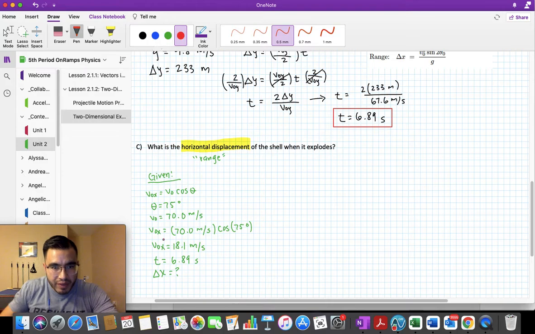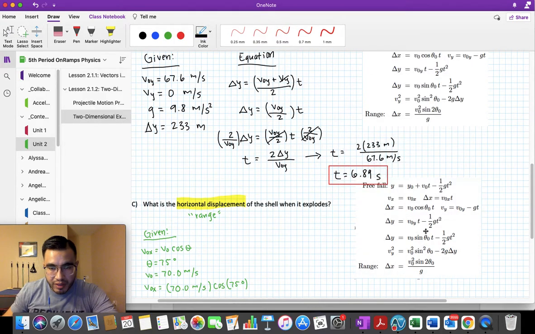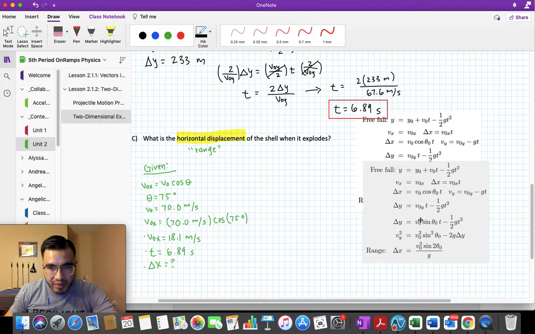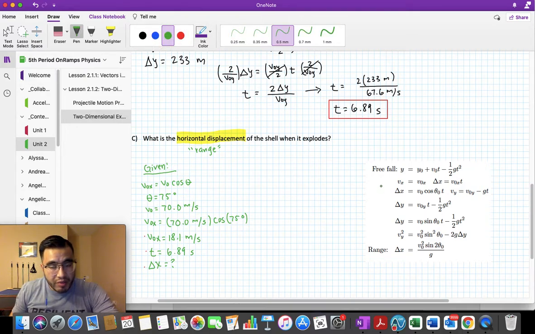If I focus on these three, again, I could use the range equation. I'm not going to because I don't have to. I could, but at this point I'm tired, and I could do it just for fun. I know you may not be having as much fun as I am. So look, I can use this one.